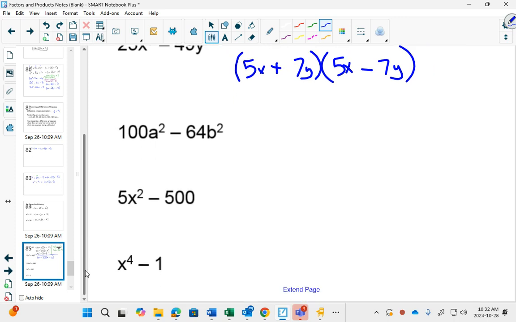With the 100 and the 64, they have a common factor. 100 and 64 are also both perfect squares. So I actually don't mind if you choose either of these methods. If you do this right away, you'd get 10a and 10a, 8b and 8b, 1 plus, 1 minus.